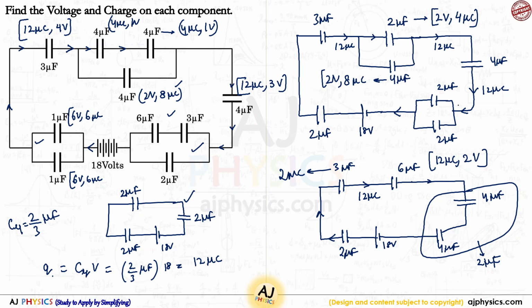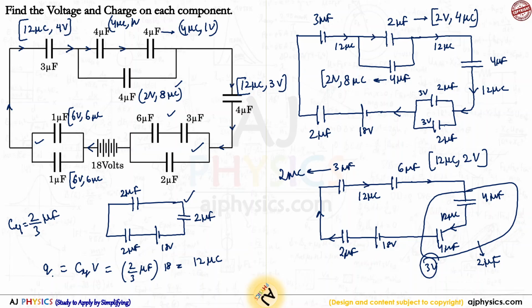Now it's pretty sure that 12 microcoulomb when enters the 4 microfarad, which was the equivalent of 2 and 2 here, so that would be 12 divided by 4, that would be 3 volts first. So that means there is 3 volts here and there is 3 volts here.